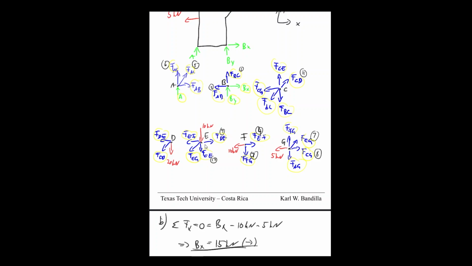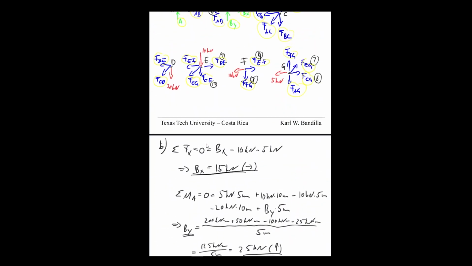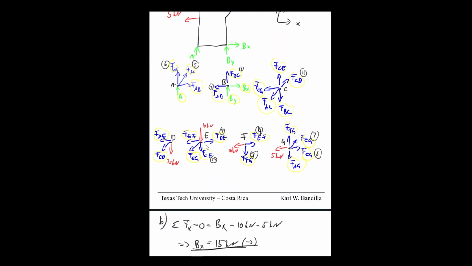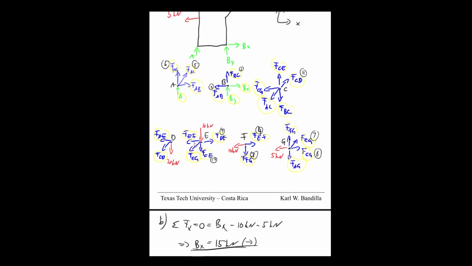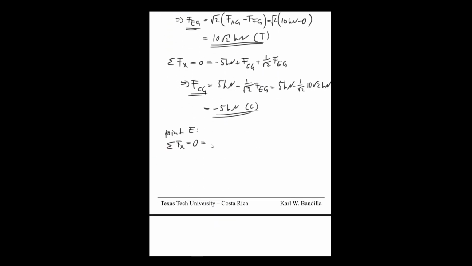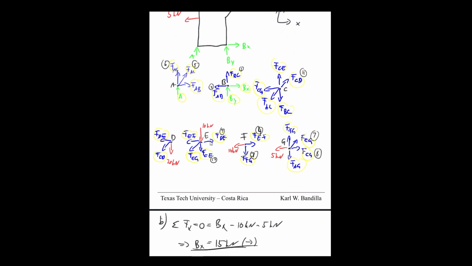So point E, and we'll want to do sum of forces in X. Point E, sum of forces in X equals 0. Where is point E? There. Minus FEF, back up here, plus FDE.